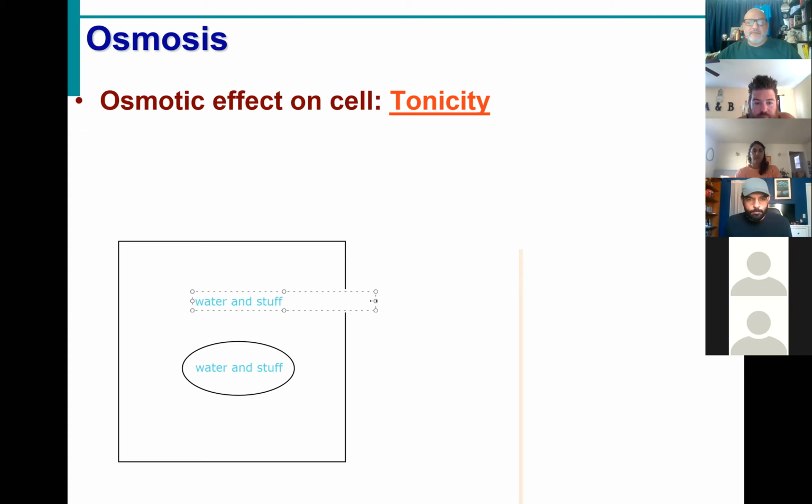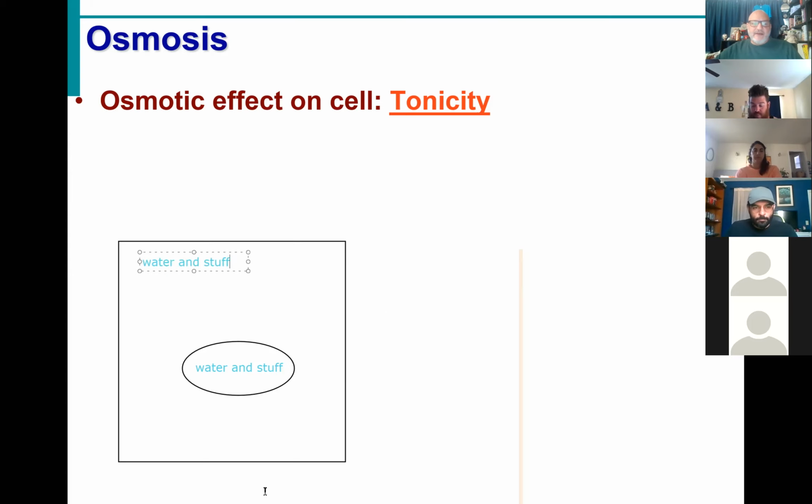And the water and stuff that surrounds a cell, we want to be equal to the water and stuff inside of the cell. If, like I said, we just put deionized water into here, what percent water is deionized water?